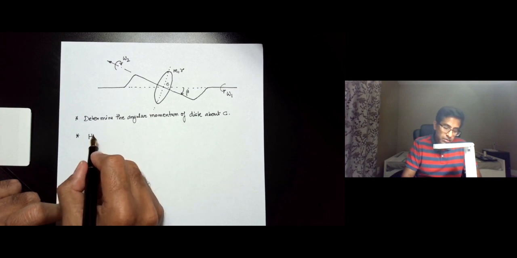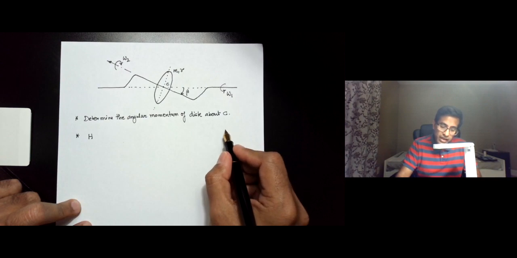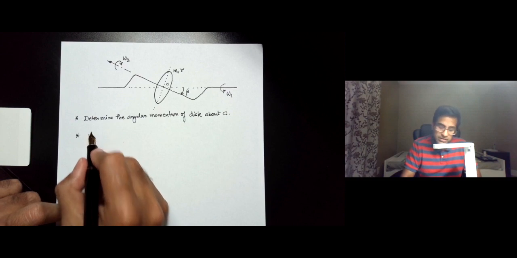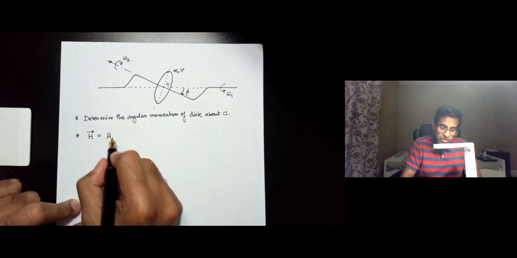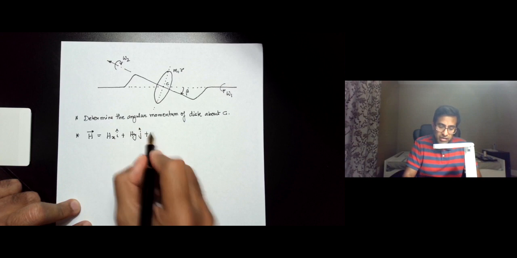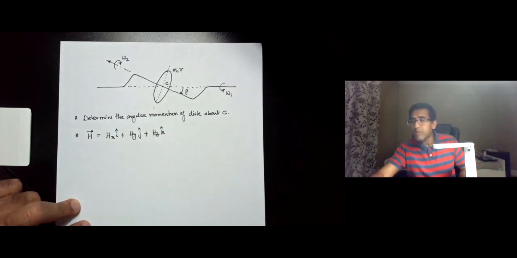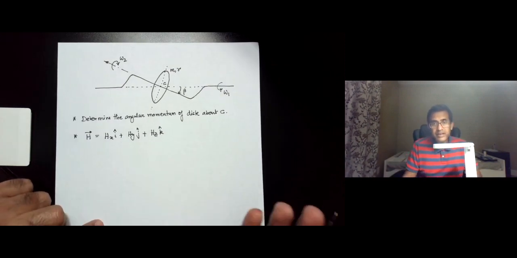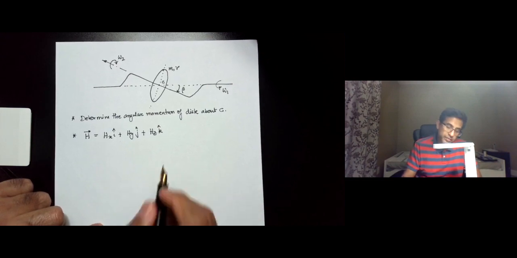If I consider i, j, and k, the x, y, and z axes, or a triad, then the angular momentum is going to be h of x i plus h of y j plus h of z k. So that basically says that the angular momentum is a vector, and depending on the choice of triad, it's going to have 3 components.